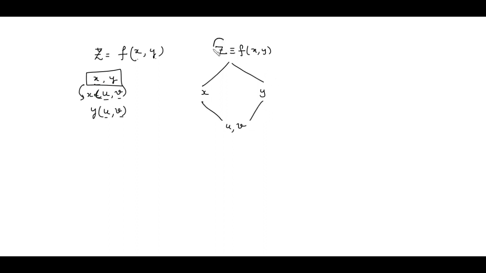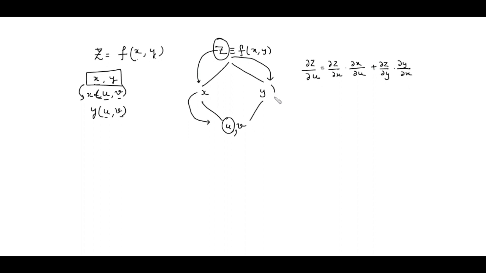So if we want to find the partial derivative of this function with respect to u, we can apply the chain rule. Now how to find its derivative with respect to u? First take its derivative with respect to x, and then take the derivative of x with respect to u, plus take its derivative with respect to y, and then take the derivative of y with respect to u.